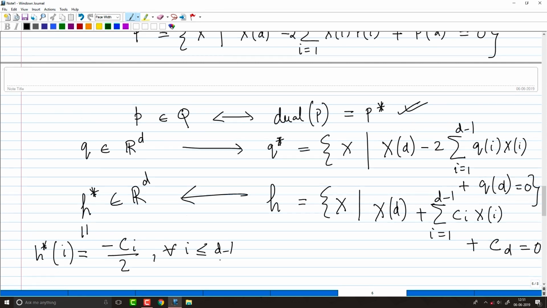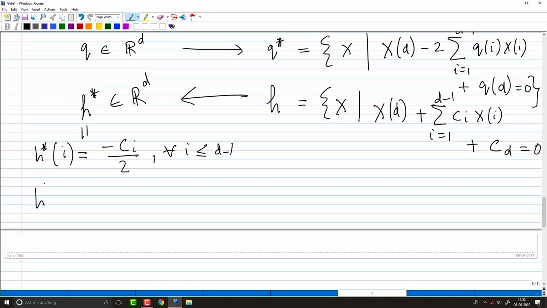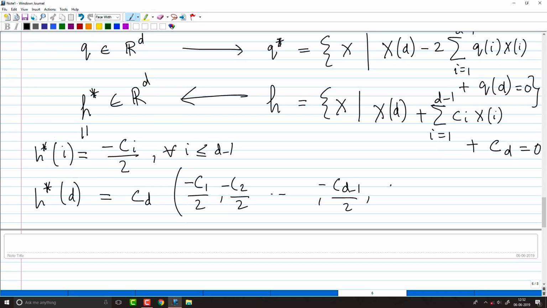And H star of d will be cd. So, for those who want to see it as a vector, it will be minus c1 by 2, minus c2 by 2, up to minus c of d minus 1 by 2, comma cd. It's okay? Okay.